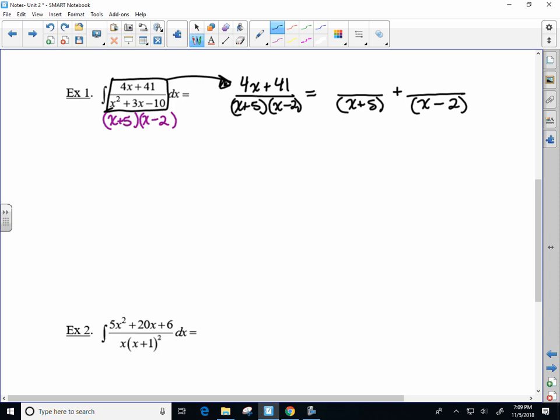I'm already going to have the x's where I want them to be. It's just the numbers that make the 4 and the 41 that I really need to work with. So what that's telling me is that I need a constant that I'll call A for this fraction, and a constant that I'll call B for that fraction. All right, a little nifty trick.